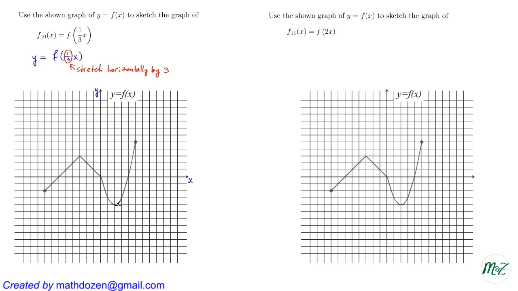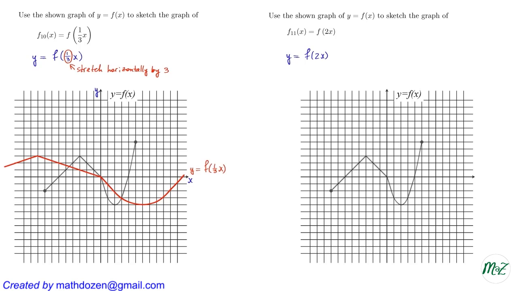This point had x-coordinate positive 2, so if you multiply it by 3 it should be at x-coordinate equals 6. So when we're done with this horizontal stretch, we end up with a curve that looks like that. Okay, so that's the red graph for y equals f of 1/3 x.